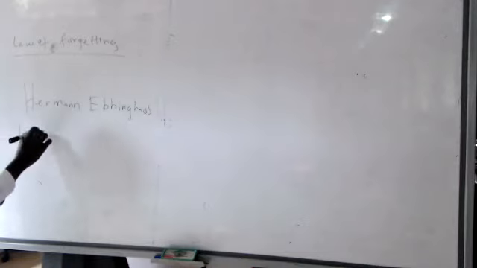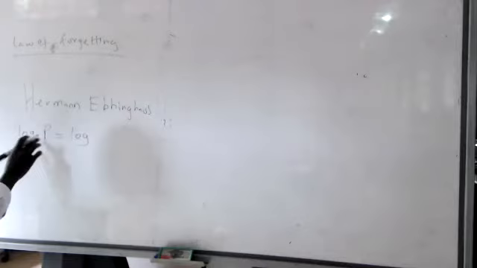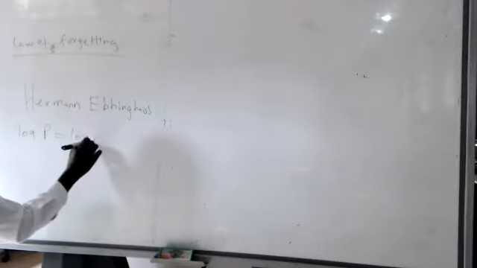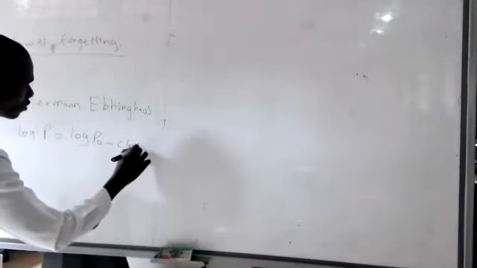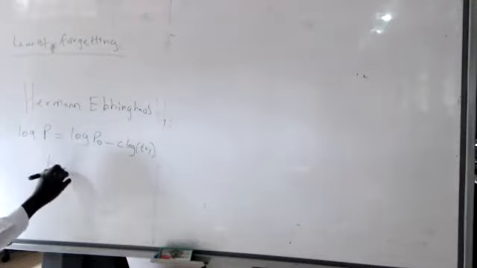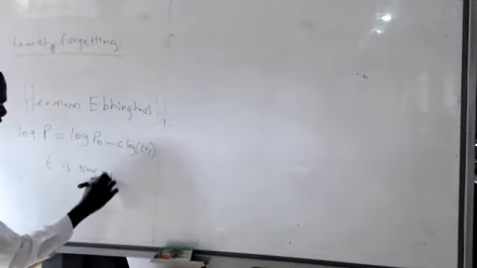I don't know why. This guy came up with a law of forgetting, which tells you that if you are learning something, then the amount of material that you know after time increases can be computed by taking the log of the amount which you have learned minus c times the log of t plus 1, where t is time after the learning happened.